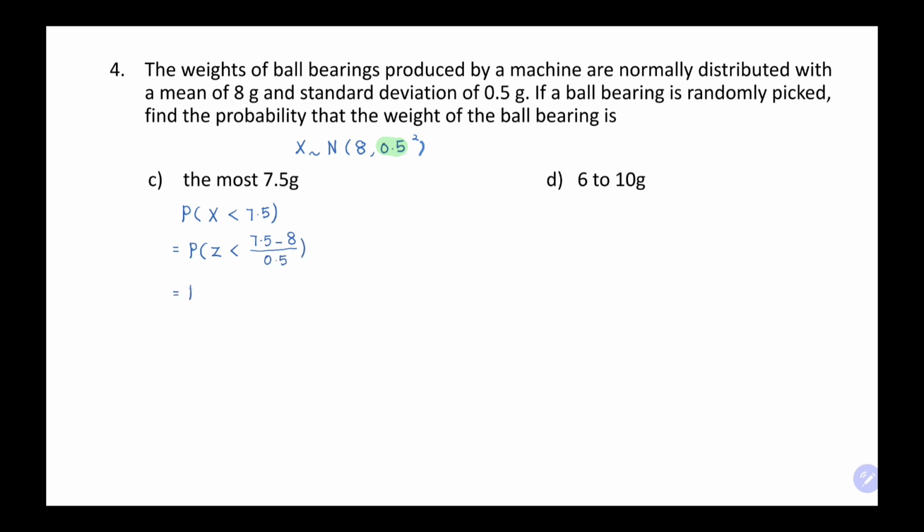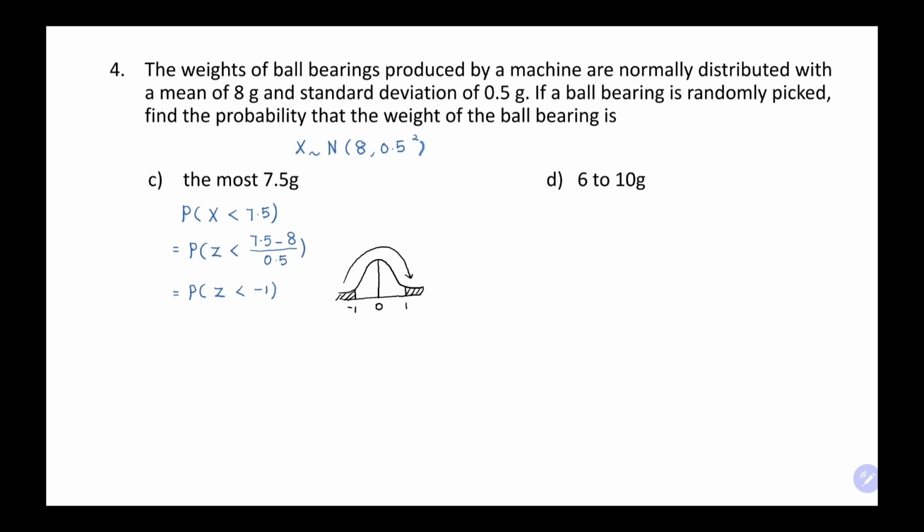Then we solve, P(Z less than negative 1). We can read from the table, so we sketch the normal curve first. Negative 1, so we have here negative 1. Less than, so this area. This area is the same as this area.